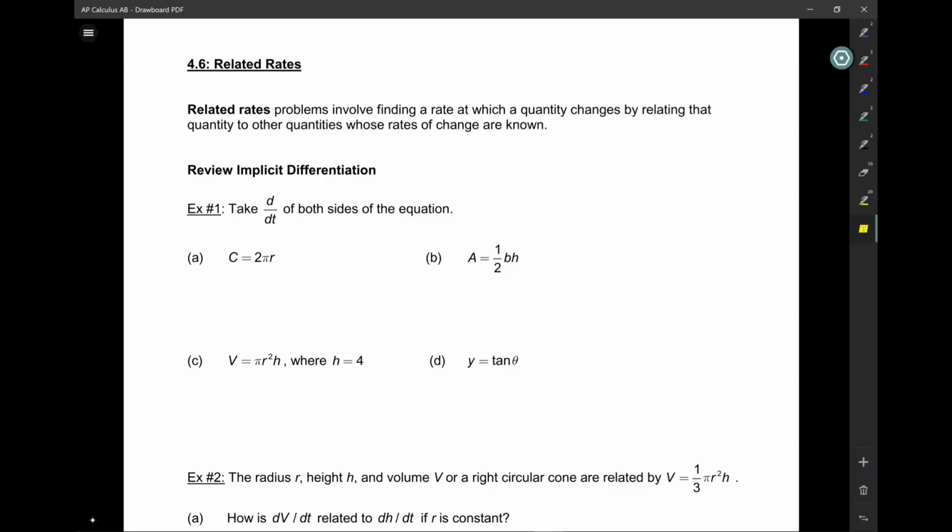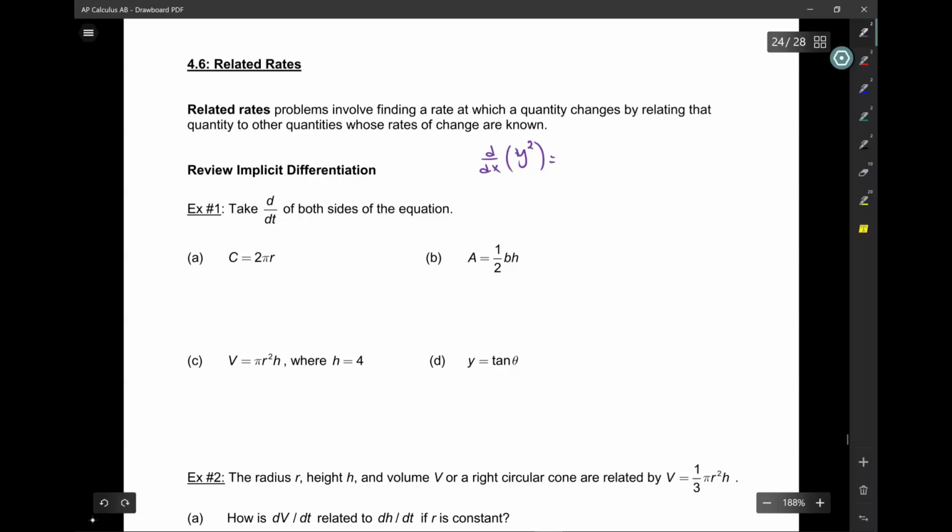All right, so let's review implicit differentiation. Remember when we had something like y squared, and we had to take the derivative of it? I kept telling you this at the time, but at the time it's not as meaningful as right now.